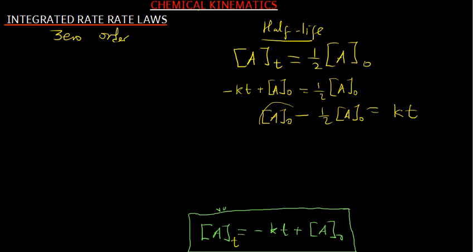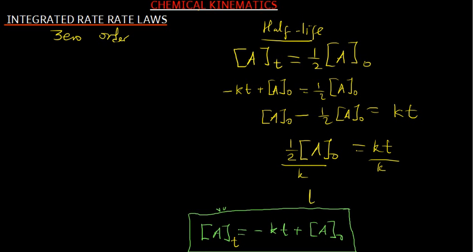So if you subtract this and this, you get half the initial concentration, and that is going to be equal to kt. To remain with the value for t, this t is what we are calling half-life, we are going to divide both sides by k.